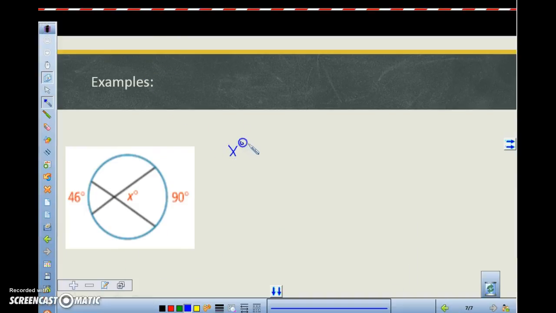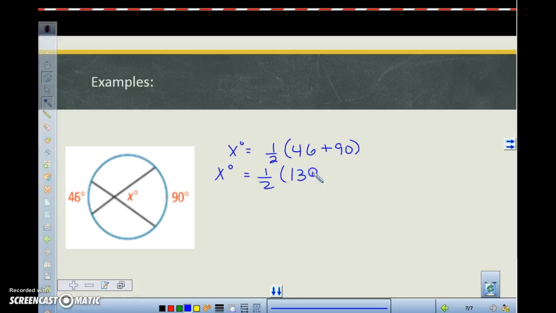So x degrees is going to be 1/2 of 46 plus 90. That's 136, so x would then be half of 136. 68. So x is 68 degrees.